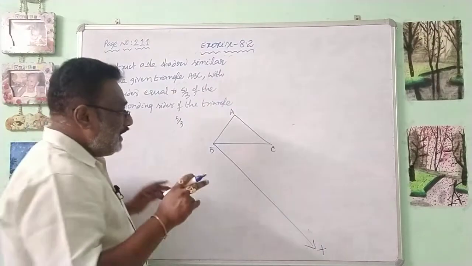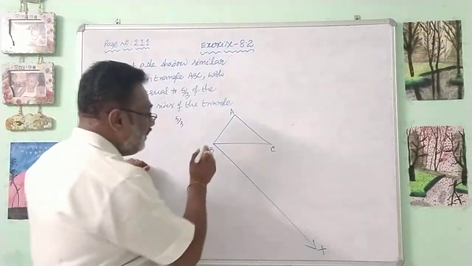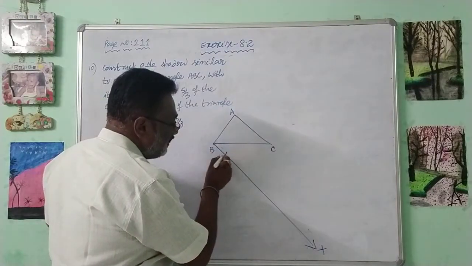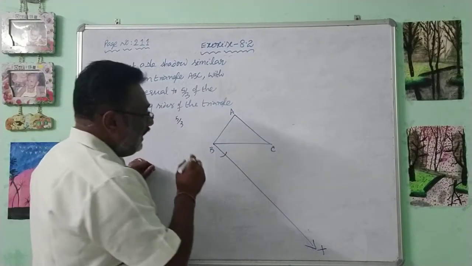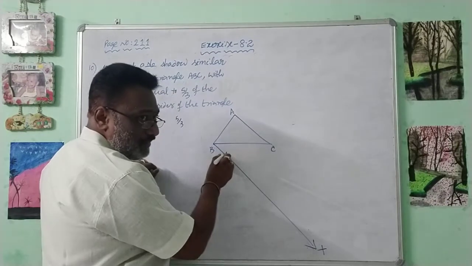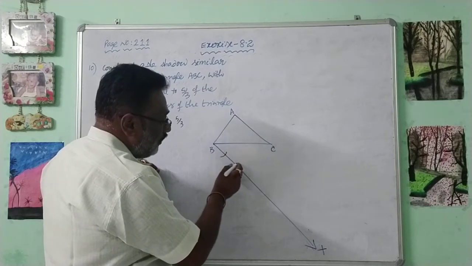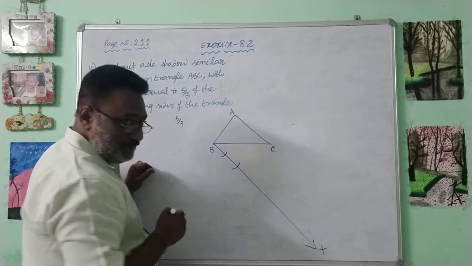By taking the compass with a convenient radius and B as center, draw one arc, and again this point you need to take as a center. Okay, by taking this one as center, one more arc we need to draw with the same radius.